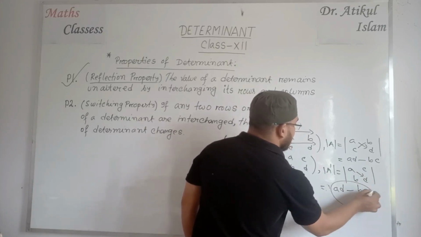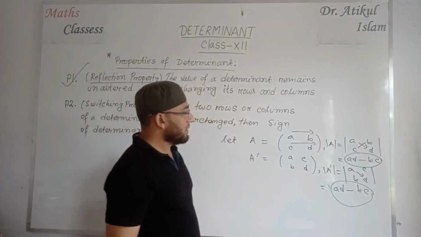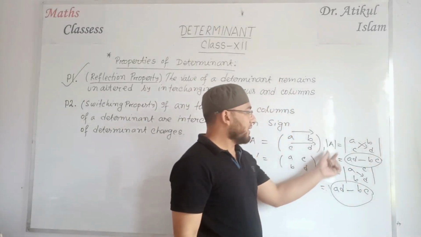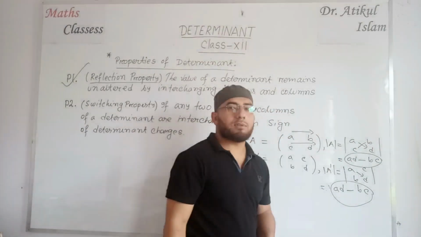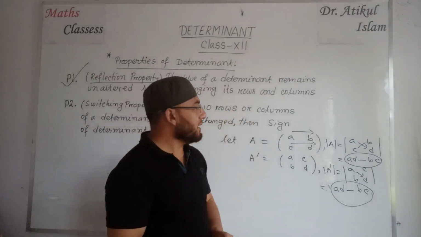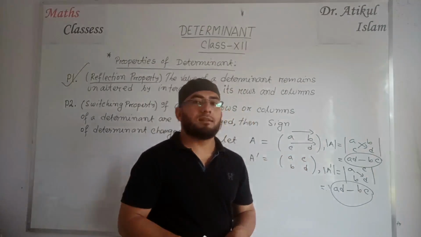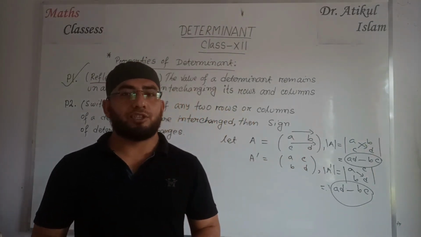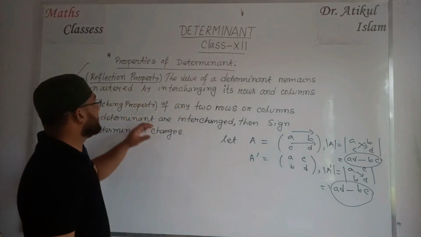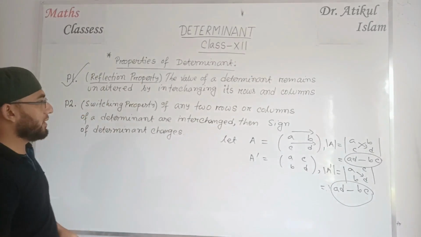So this value in both cases, that of A and that of A dash, is the same. So that means whenever you interchange rows into columns, the value of the determinant remains unchanged. So this is property 1, which is known as the reflection property.